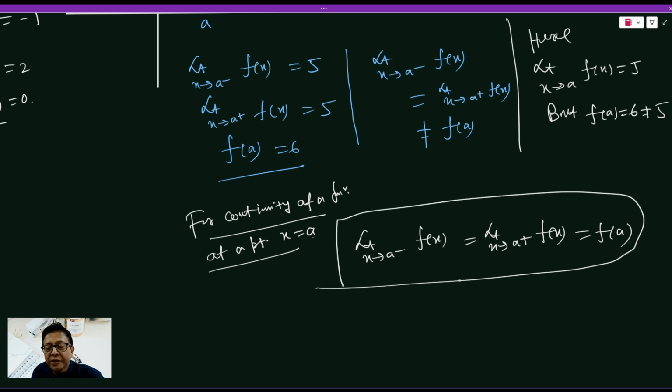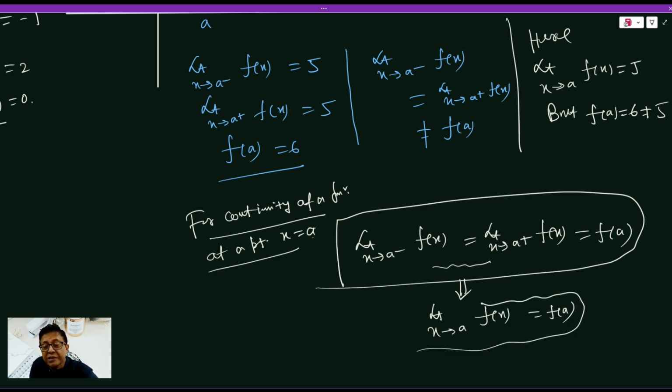Or simply you can write, you need not calculate the left hand limit, right hand limit always. If you observe that limit is existing over there, then you simply state that limit x tending to a of f(x) is equal to f(a). This is the essential condition for continuity of a function.